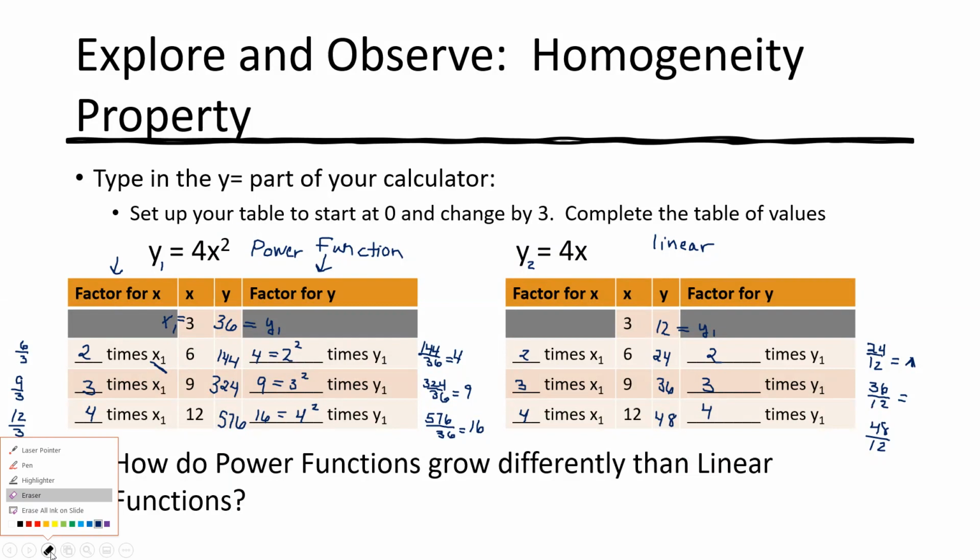So I want to try to put some of that in words as to how these are changing. These are the words I came up with, but you might want to describe it differently. So for linear, which our example was the 4x equation, the factors for x and y are the same.